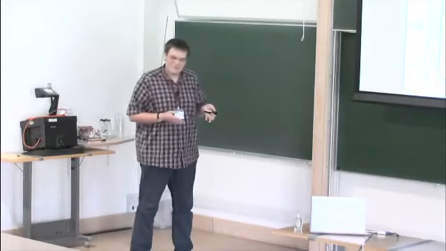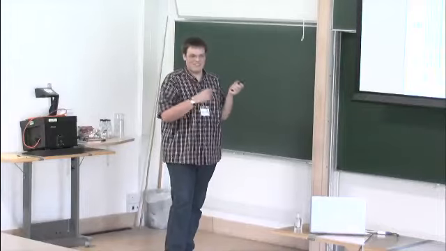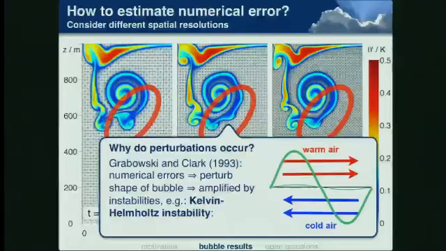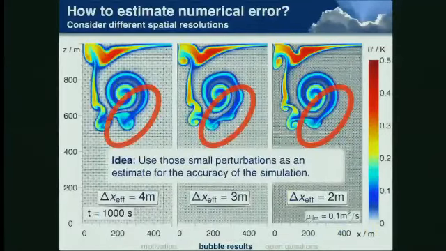Please let us assume for a few minutes that this explanation is actually the reason for those perturbations. Then we can use those small perturbations as an estimate for the accuracy of the simulation, because if this explanation is correct, then we expect that those perturbations are not there if there is no numerical error.